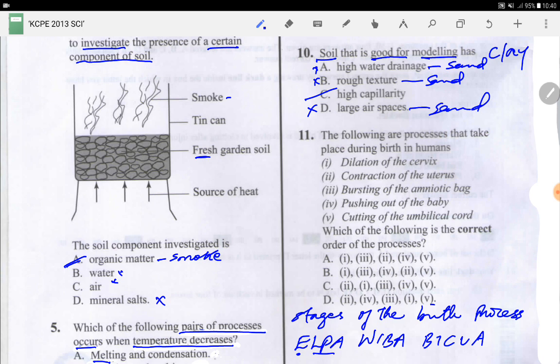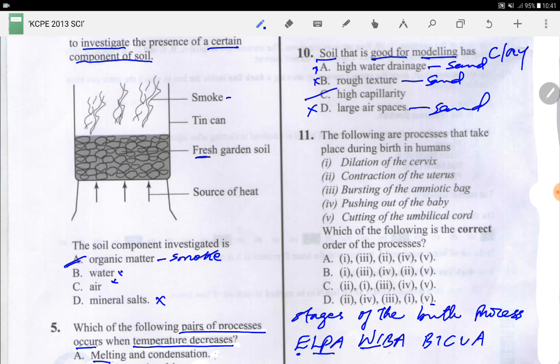Now, after the labor pain, we move on to WI, which stands for widening of the cervix. So now the cervix widens because of the pressure being generated by the uterine wall. That widening is what we call dilation. So dilation and the widening of the cervix is one and the same thing.